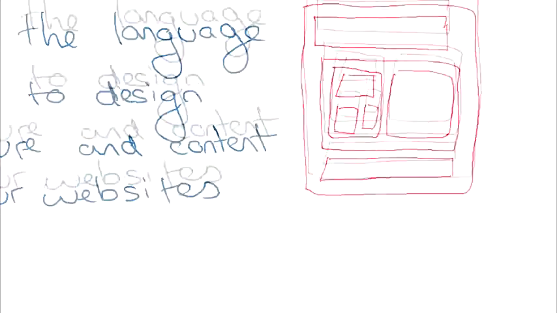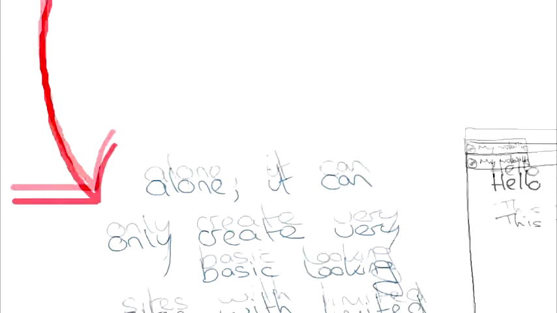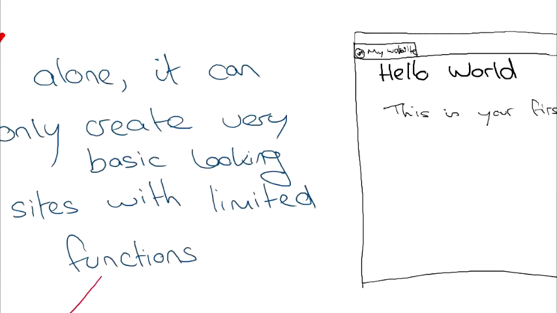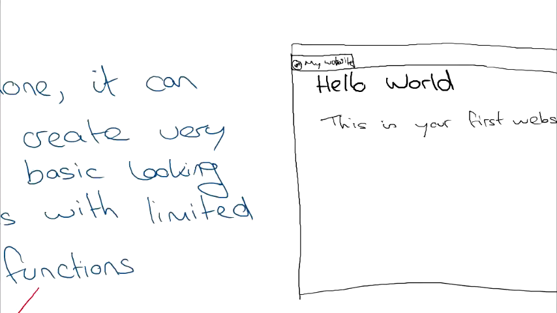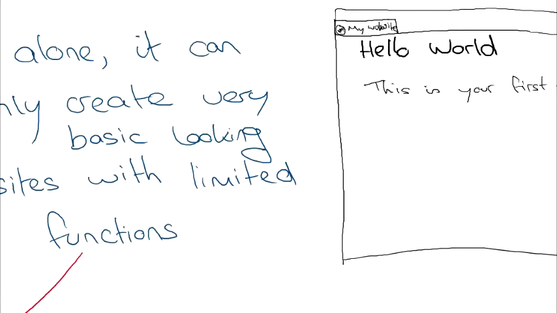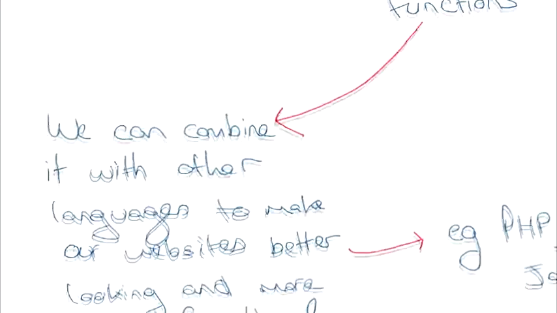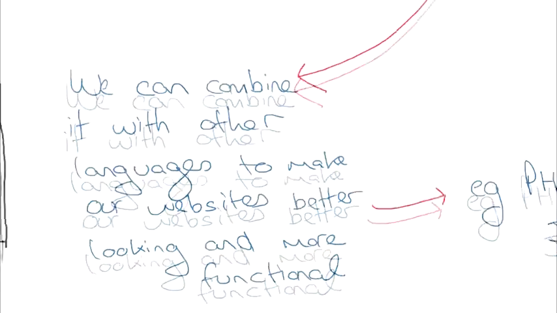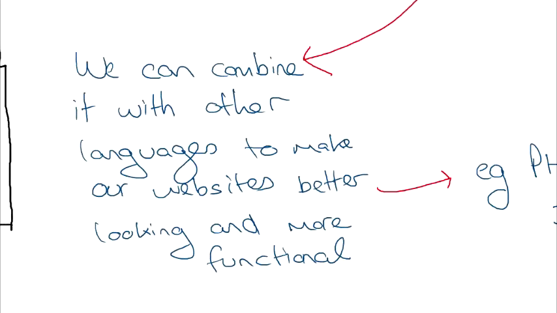Now, alone, HTML can be quite dull and boring. You can only really create fairly basic websites with HTML alone. You can obviously create a fancier website than the one I have here using just HTML, but you get the message. HTML is boring on its own, right? So what we do is we combine it with other languages to make websites look better.